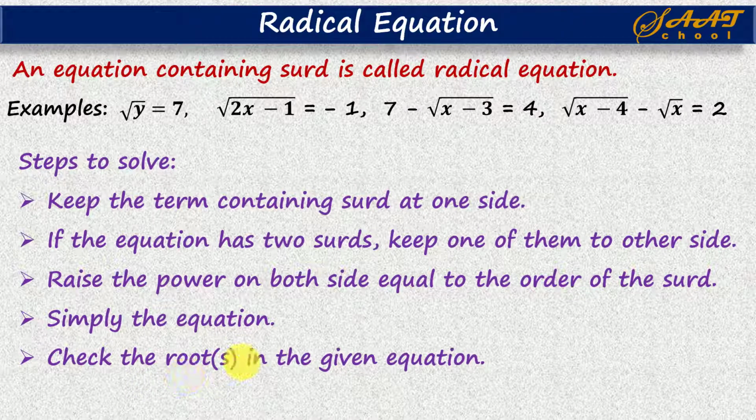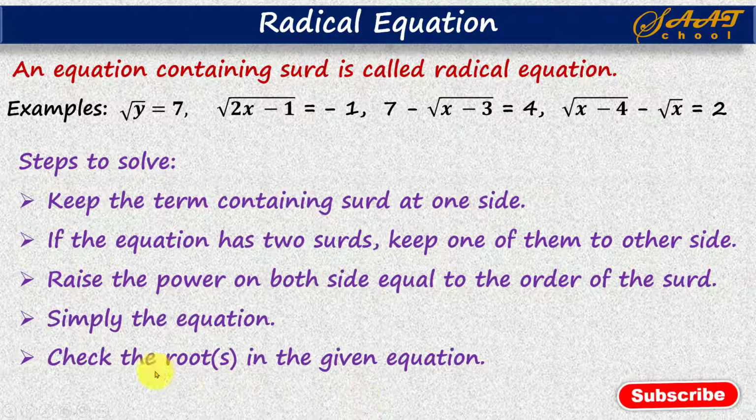You have to check the value of the given variable in the given equation. If left hand side is equal to right hand side, then we accept the value. If left hand side and right hand side are not equal, then we reject the value. Again, the last step is to check the roots or the value of the variable in the given equation.